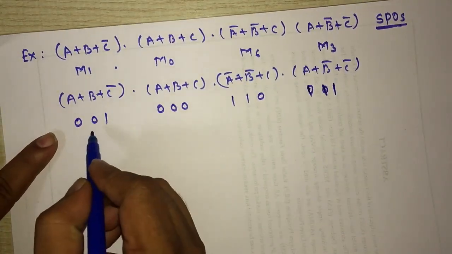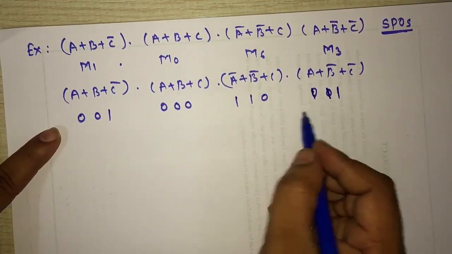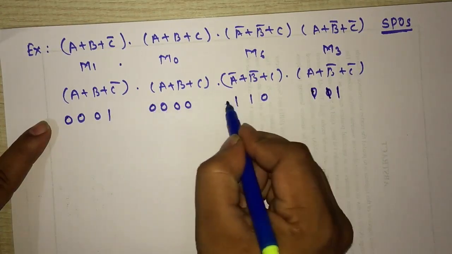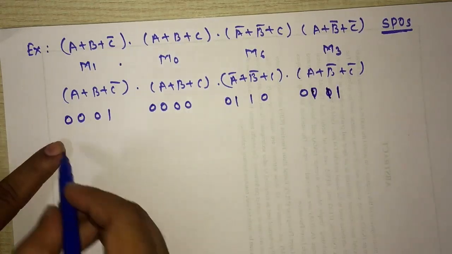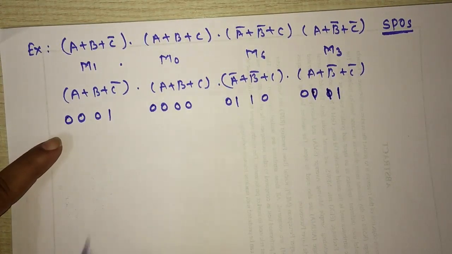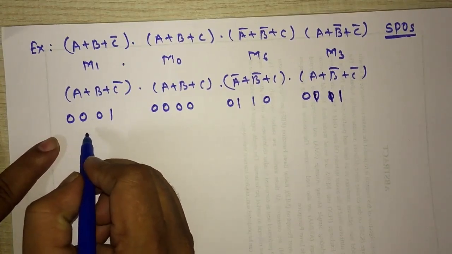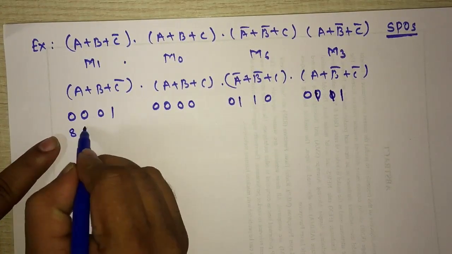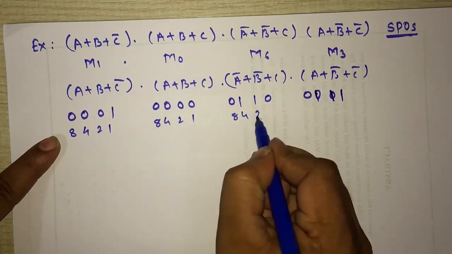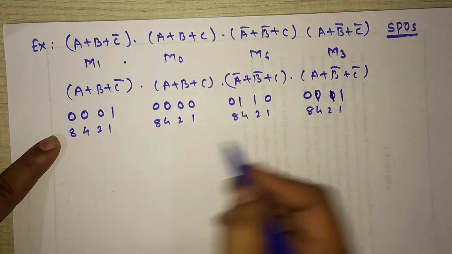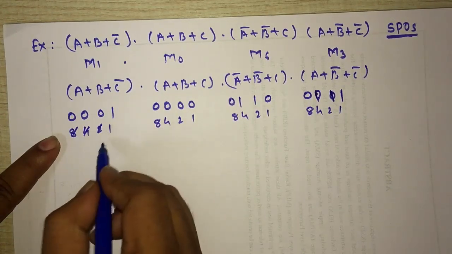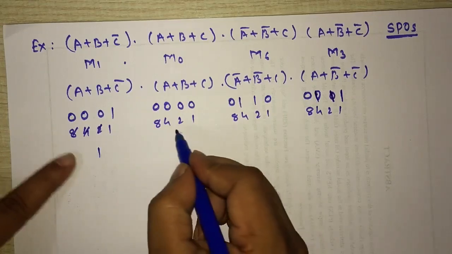Now these values are in 3 bits. We will convert them into 4 bits, so 0 will be added on the left-hand side. Then we convert them into decimal format. Again we will use the 8421 format. Here only the last digit is present, so 8, 4, 2 are absent and the equivalent value is 1.